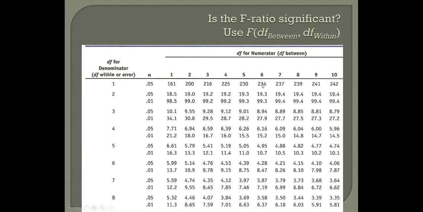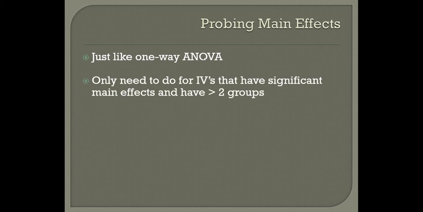But if you're using SPSS, it will give you the p-value for each F ratio that's output, so you can compare, as we've been doing all along, your p-value to your alpha for the test. Assuming you have your results, you have an F ratio for each main effect and one for the interaction.